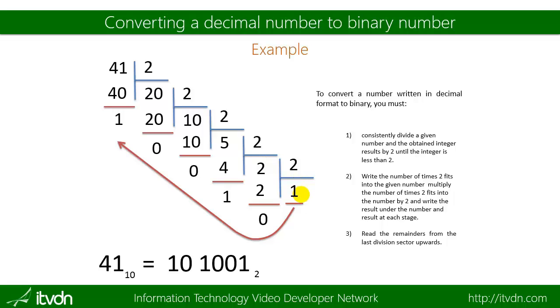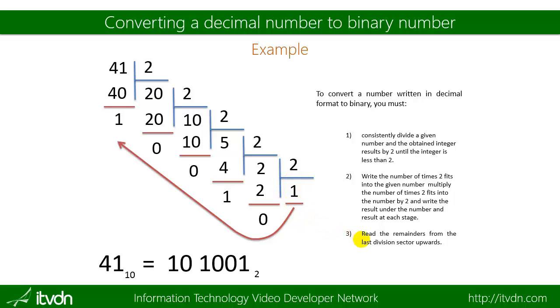Just 1 time. 1 times 2 is 2. 2 minus 2 is 0. Now, I cannot divide 1 by 2 without getting a fraction. So I stop here. Remember, until the integer is less than 2. And 1 is less than 2.